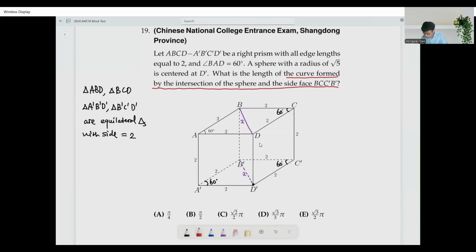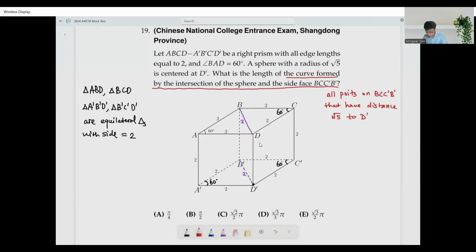That means this is all points on BCC'B' that have distance root 5 to point D'. Let's find all such points.